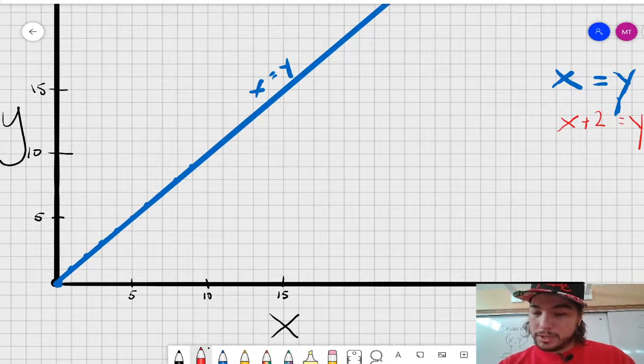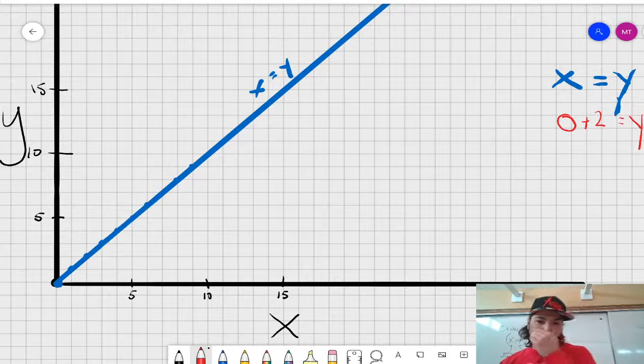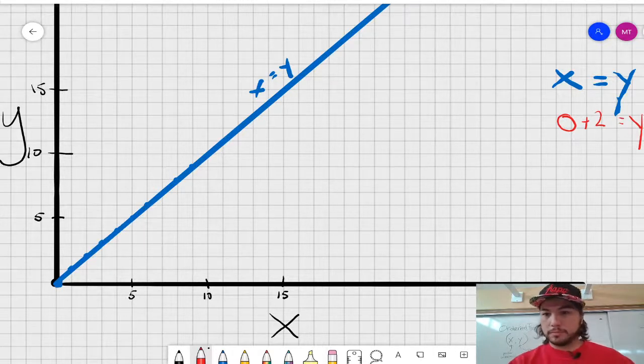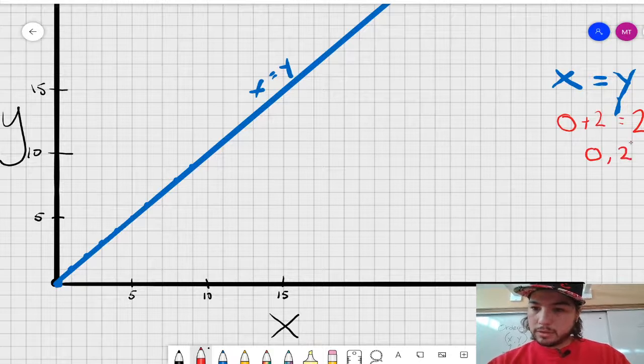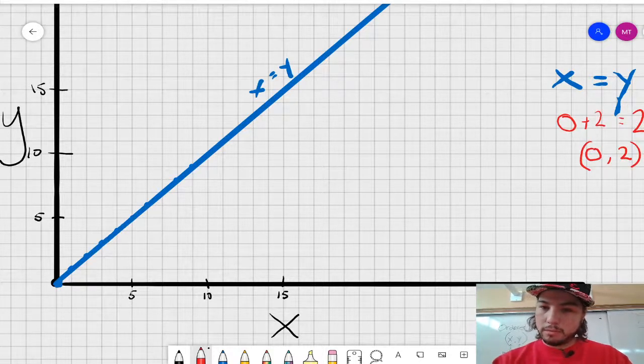So if x equals 0, and we'll erase and replace, if x equals 0, what does y equal? Yeah, it equals 2. 0 plus 2 equals 2. So we end up with an ordered pair of 0 for the x and 2 for the y.